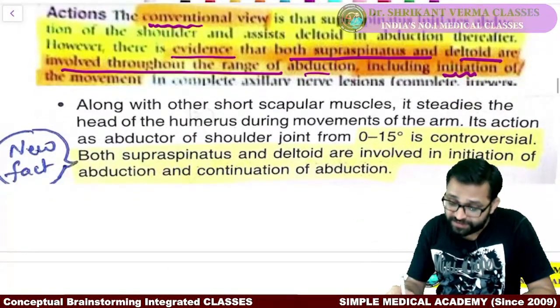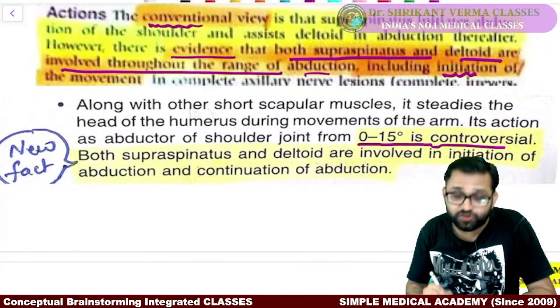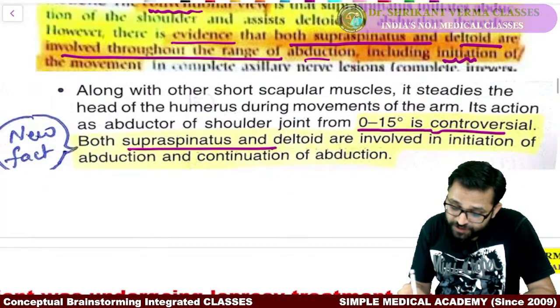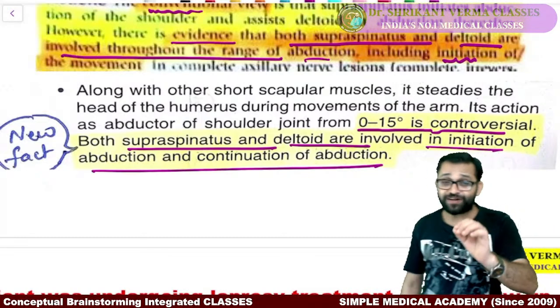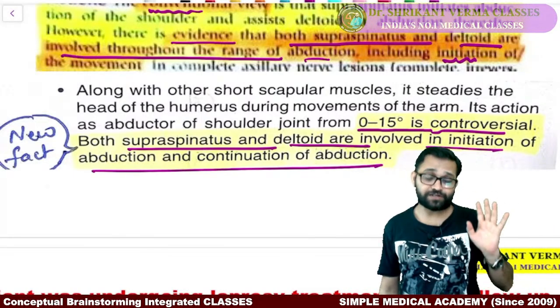And our BD Chaurasia sir is also writing that 0 to 15 degree is controversial. Both supraspinatus and deltoid are involved in the initiation and abduction. So this is one update you have to be alert for.